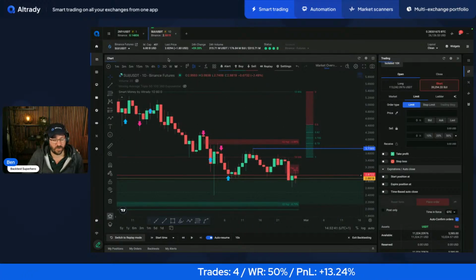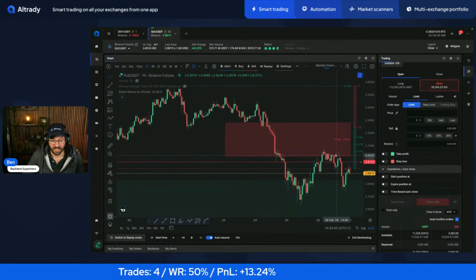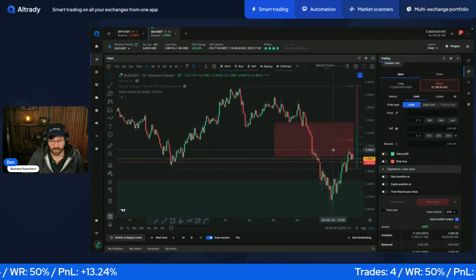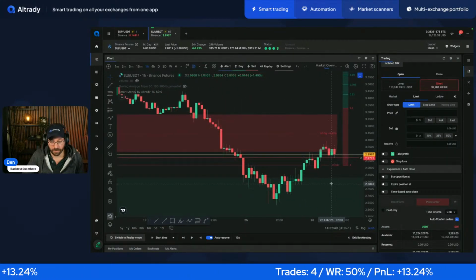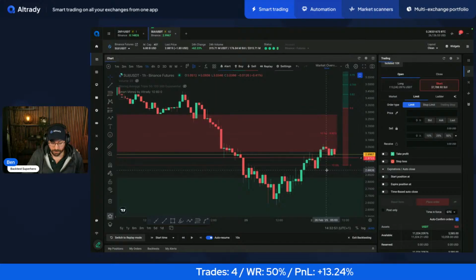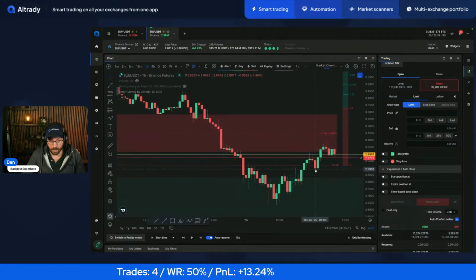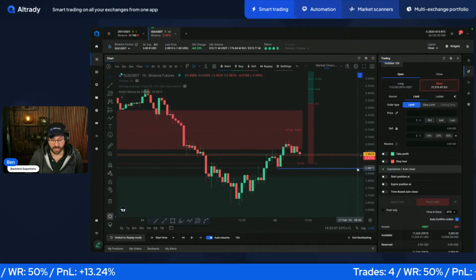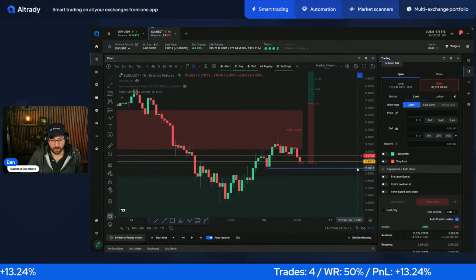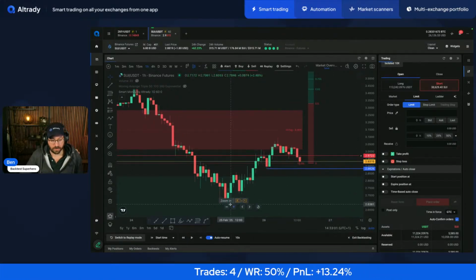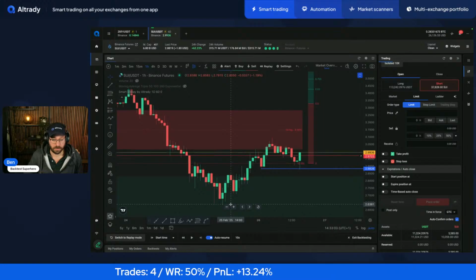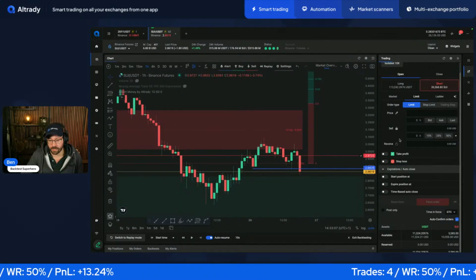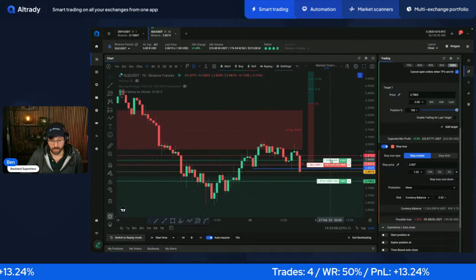Oof. I do like this, though. Can we go back to here? So before seeing it, we have our fair value gap. We have a potential shift here. Probably not, because we would want to target this level, and that's not likely to happen here.